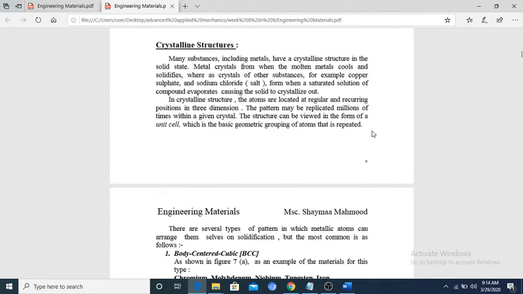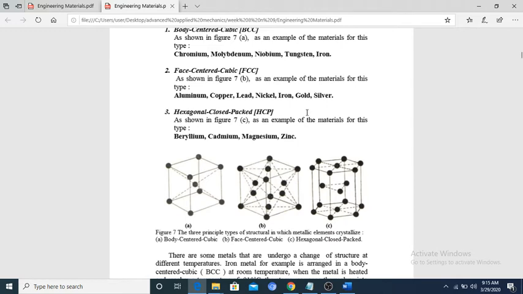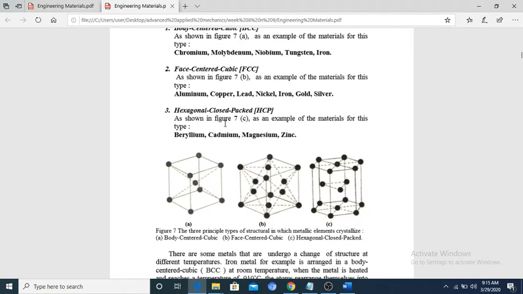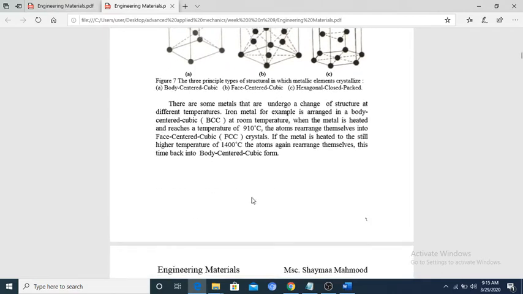So the crystalline structure consists of body-centered cubic, face-centered cubic, and also hexagonal close pack. You can see the three principal structures of metallic element crystals: A, body-centered cubic, B, face-centered cubic, and C, hexagonal close pack. There are some metals that undergo a change of structure at different temperatures.